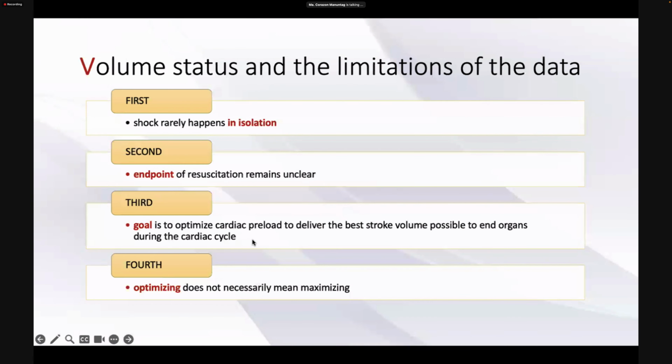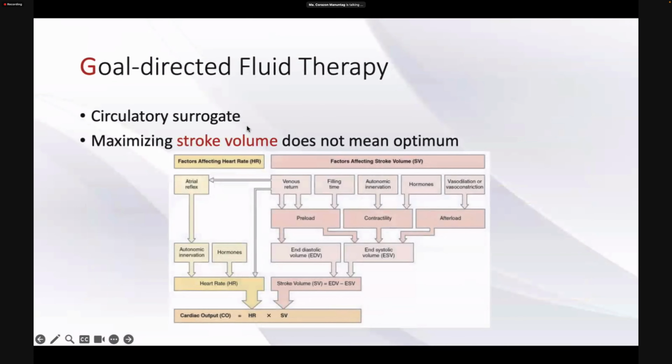So, optimizing does not necessarily mean maximizing fluid delivery. So, as Sir mentioned kanina, we are into goal-directed fluid therapy already. And we use circulatory surrogates that allows us to maximize stroke volume. But it does not necessarily mean more means better.